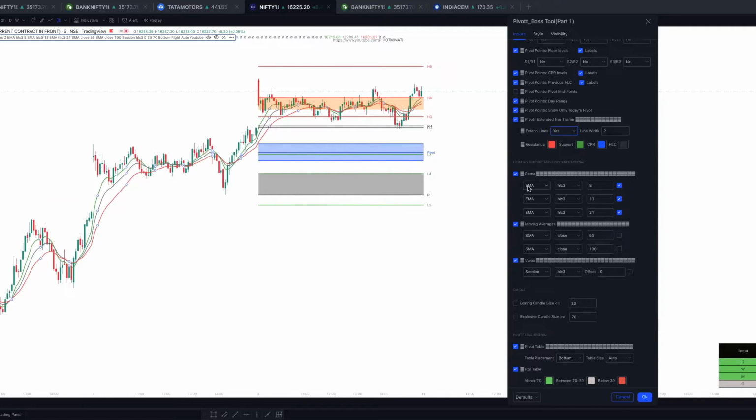So PEMA is actually your EMA, but there are multiple ways to draw an EMA. You select high, low, close, add them and create an average of it. That way you create 8, 13 and 21. This is recommended by the pivot boss guy, Franco Chava, and for intraday short term, this is the configuration.